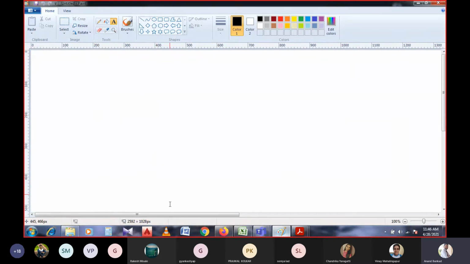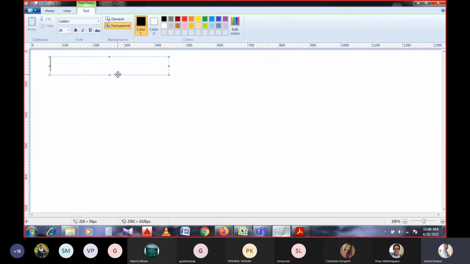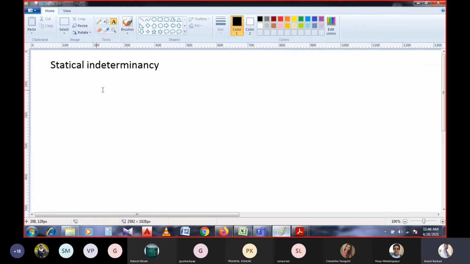Let us have some examples to calculate the statical indeterminacy for a particular structure. Now we'll discuss statical indeterminacy. For example one, I consider a beam with a fixed support and another fixed support.